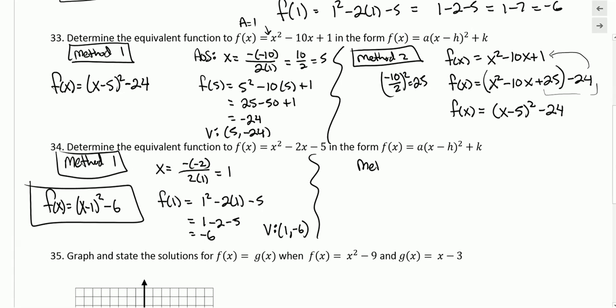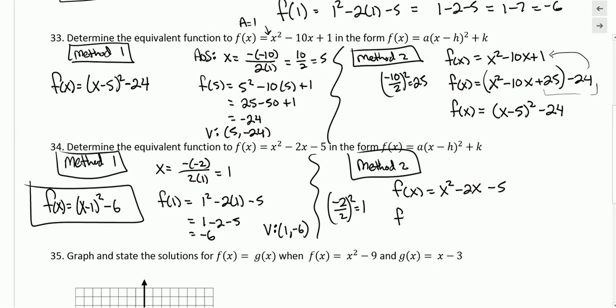Method 2. Start with the standard form. And take the negative 2, cut it in half, and square it, and you get 1. So what I want here is x squared minus 2x plus 1.